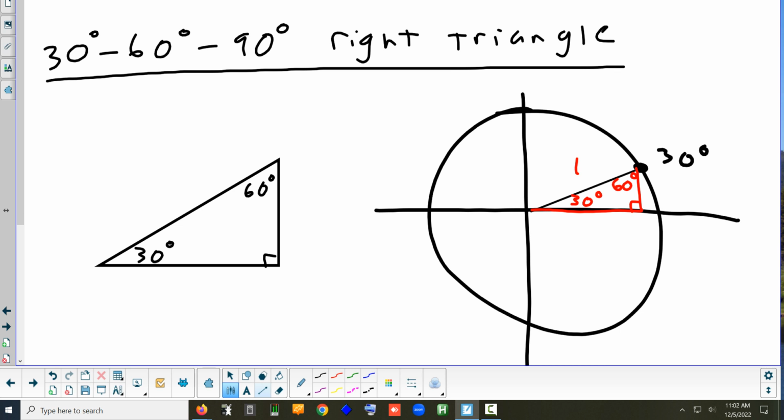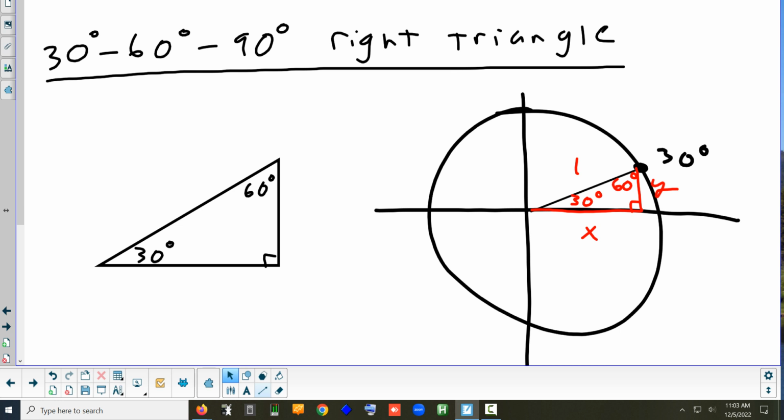So can I do the same trick that I did last time and use Pythagorean theorem? No, it's the other two. Right, the other two sides aren't equal. So if I was going to label these with variables, one would have to be x, one would have to be y. And then when I try to solve that with Pythagorean theorem, I get x squared plus y squared equals 1 squared. The problem is that's two variables. I can't solve that.